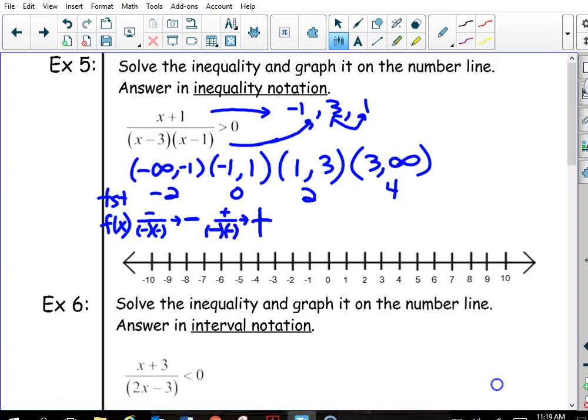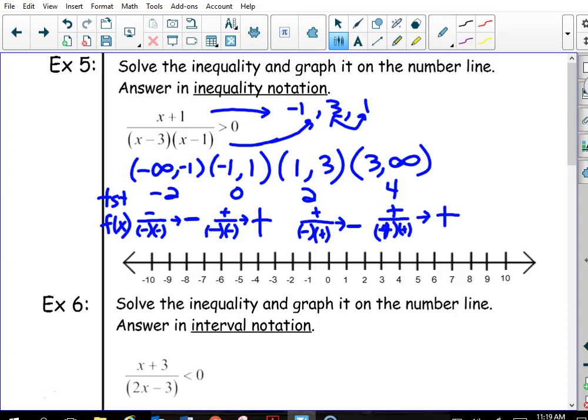That'll give me an overall positive. 2 gives me positive, negative, and positive. Overall negative. And we can guess this will go positive, but let's check. So I get a positive, positive, positive.